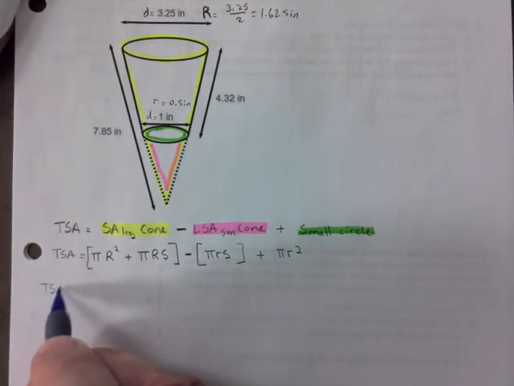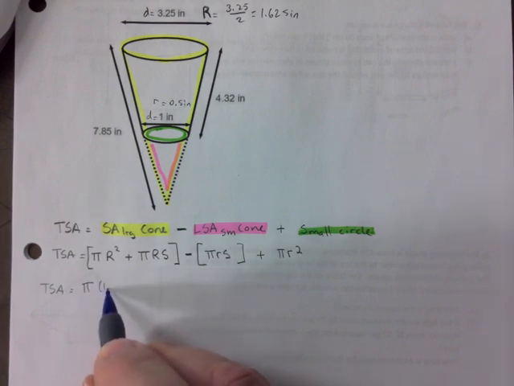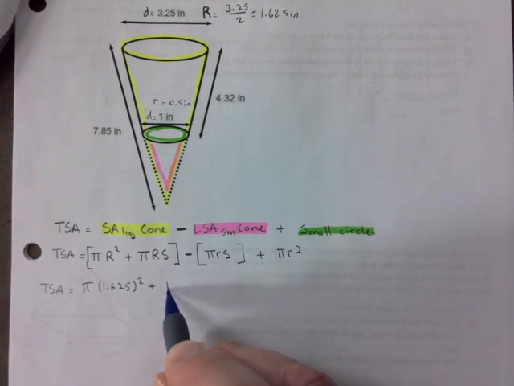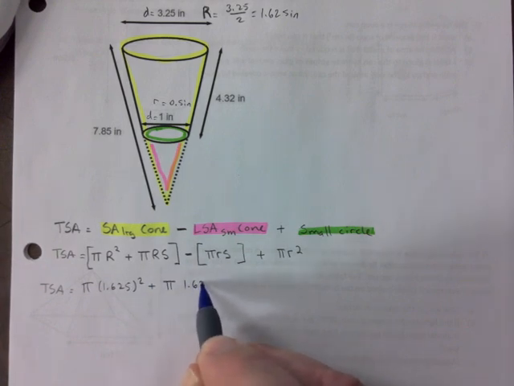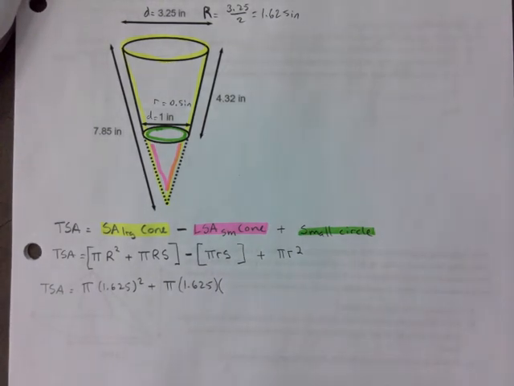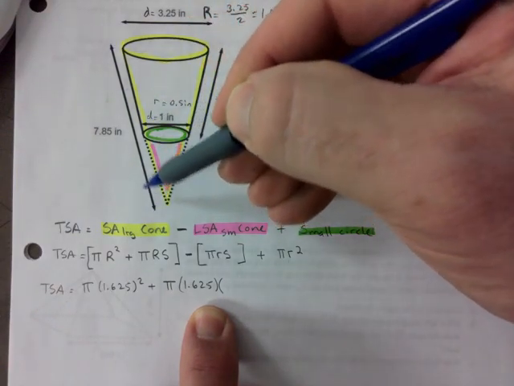So total surface area is pi 1.625 squared plus pi 1.625 times the slant. Let's see if we have the slant. Do we have the slant of the big one here? We actually do.